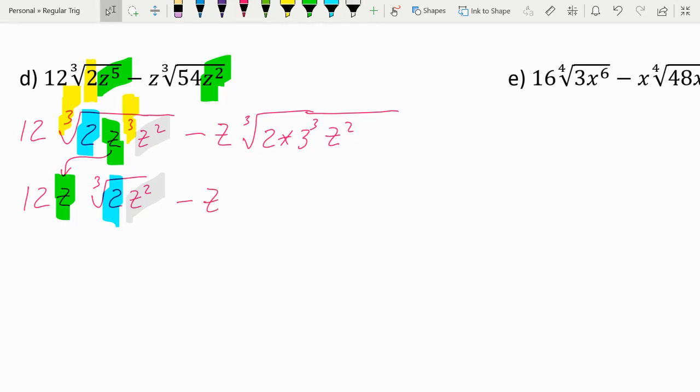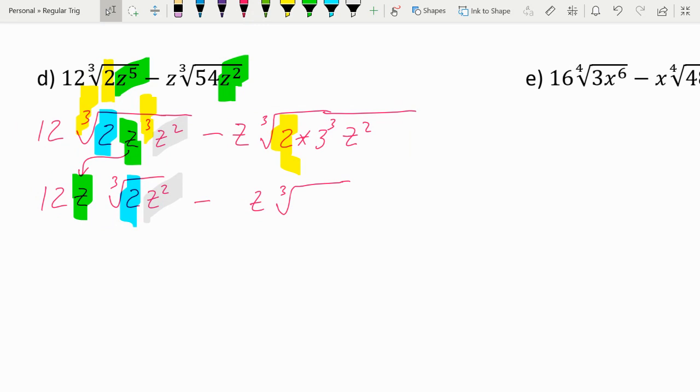Minus, there's that original z that was sitting out there. Let me move it over a little bit. Now, can I do anything with this 2? No. So it's going to stay underneath the radical.